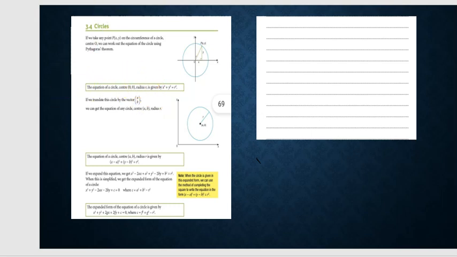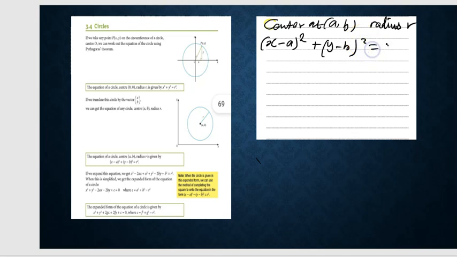First of all, we are going to consider the standard equation. If we take the center of the circle to be at (a, b) as the coordinate, then the equation of a circle with radius r is (x minus a) squared plus (y minus b) squared, and this is equal to r squared.